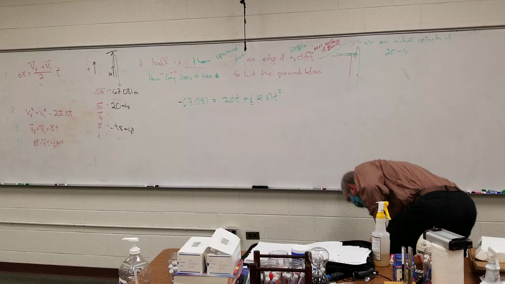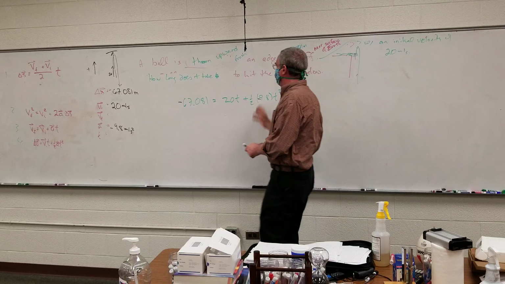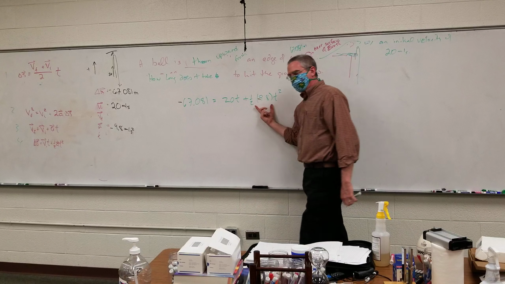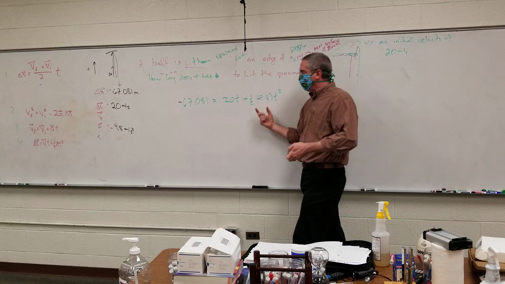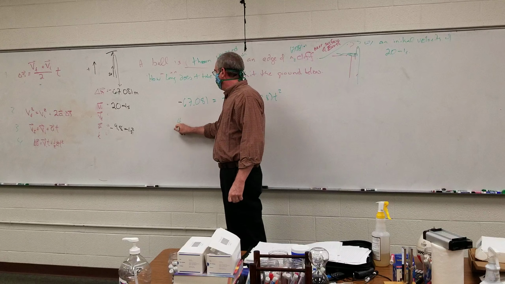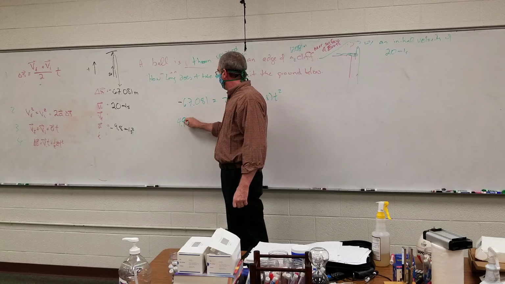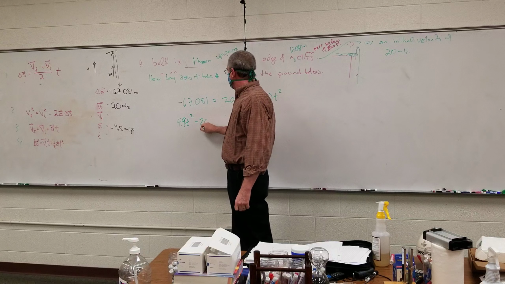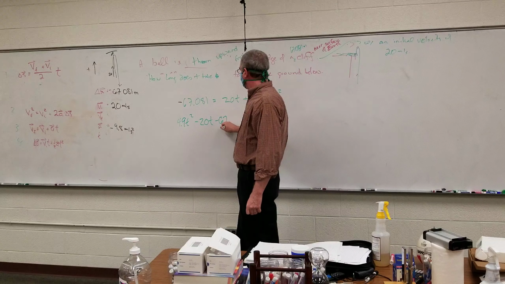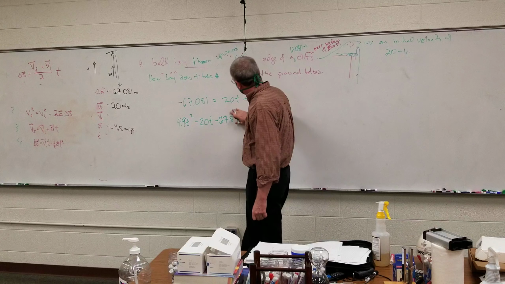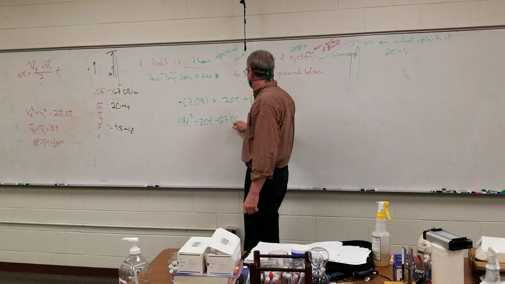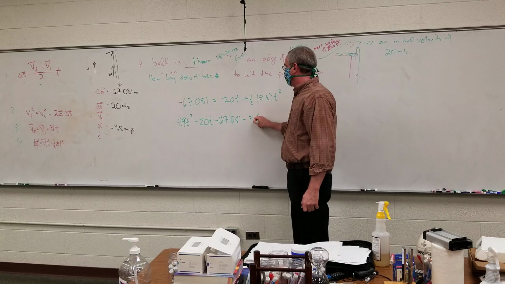I'm going to leave that. I'm going to get everything over to the left side, just because I like my starting term to be positive, that's just a me thing. So I have 4.9 t squared minus 20t minus 67.081 meters equals 0.